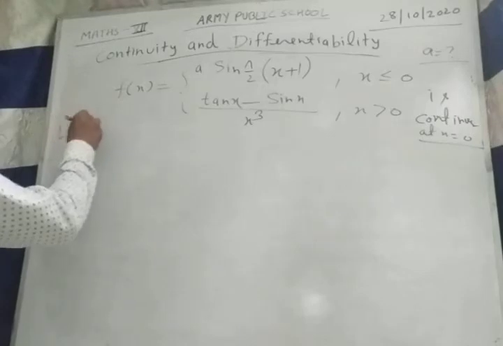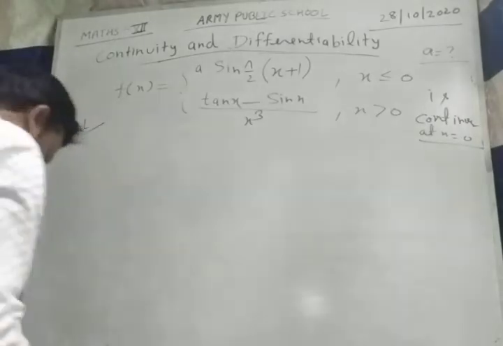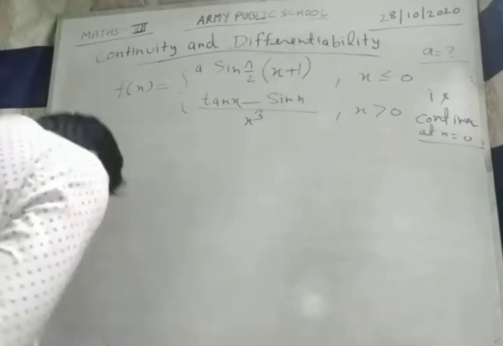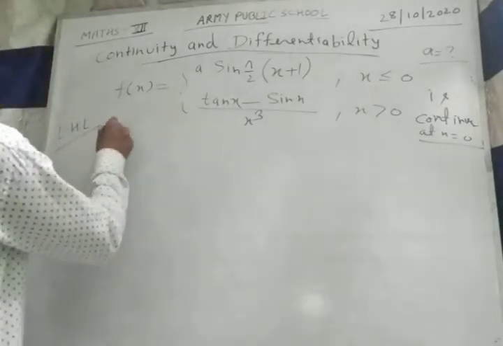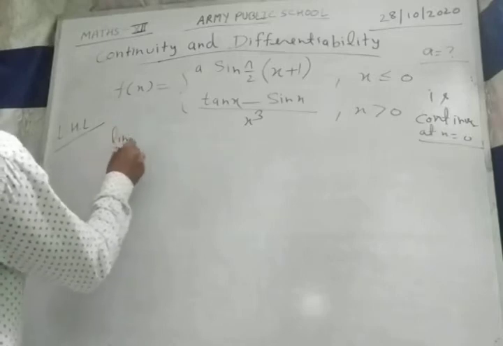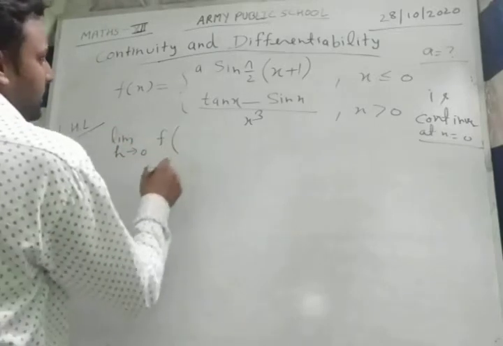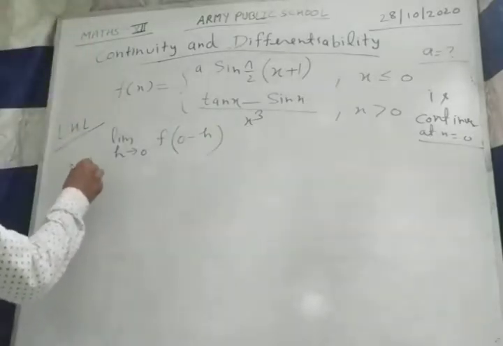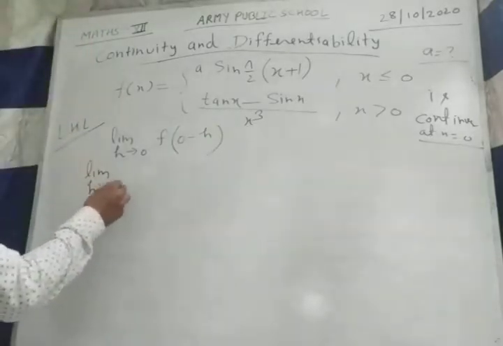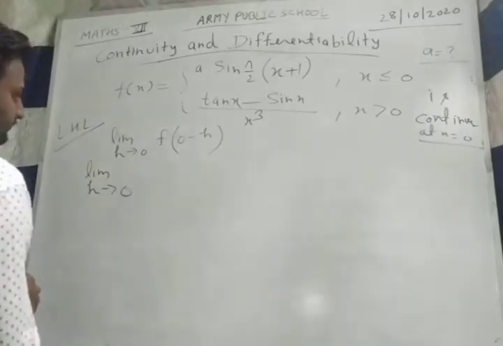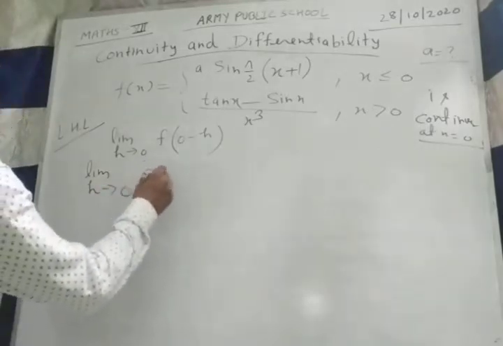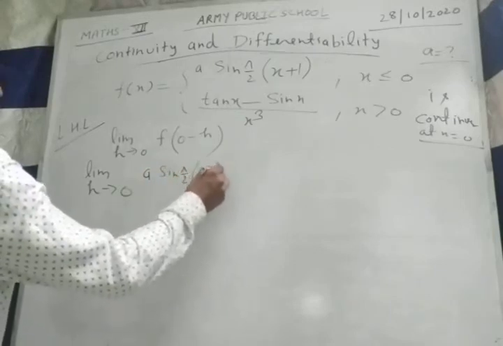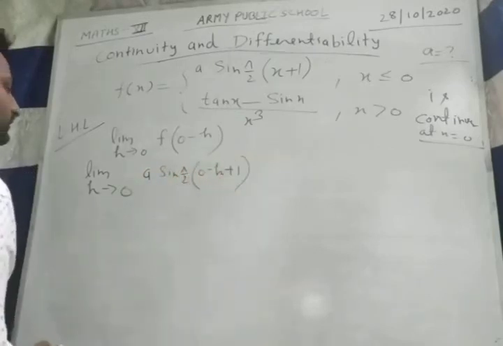So let us start with the left hand limit, and so left hand limit will be limit h tends to 0 f of 0 minus h. So we write limit h tends to 0 a sin(pi by 2 (0 minus h) plus 1).